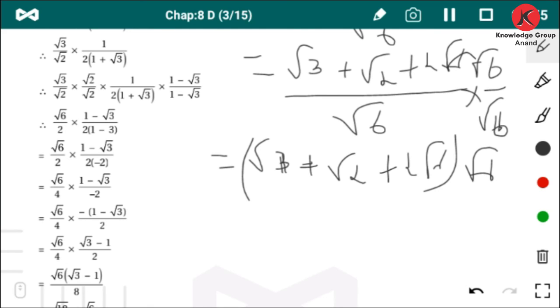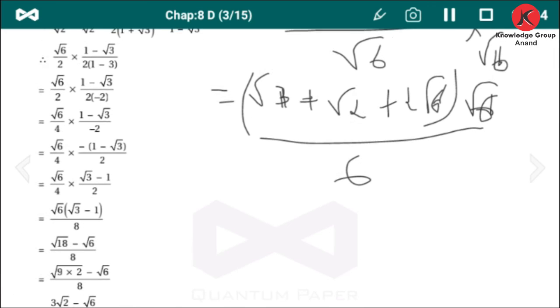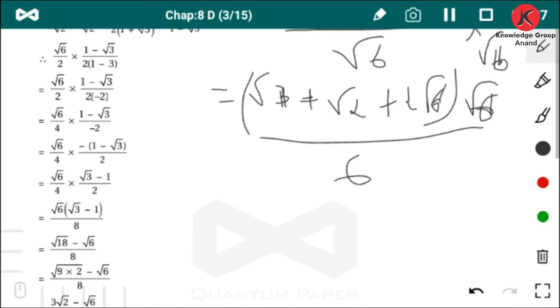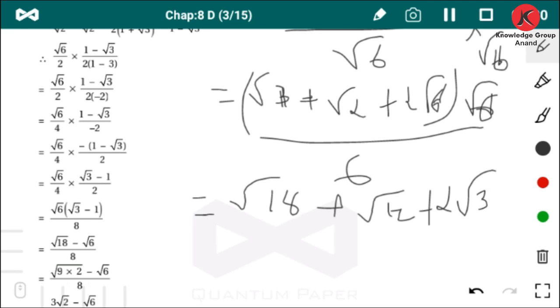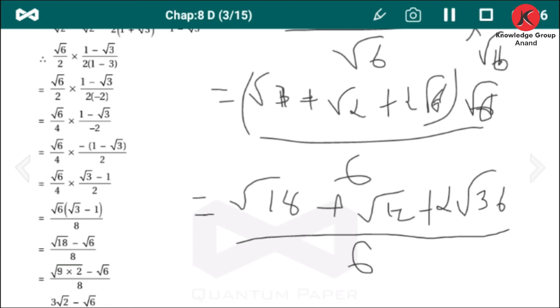Multiply root 6 upon root 6 into root 6. Root 6 into root 6 is equal to 6. Then we multiply these terms: root 3 into root 6 is equal to root 18, plus root 12, 6 twos are 12, plus 2 root 36, an irrational number multiplied by an irrational number, upon 6.